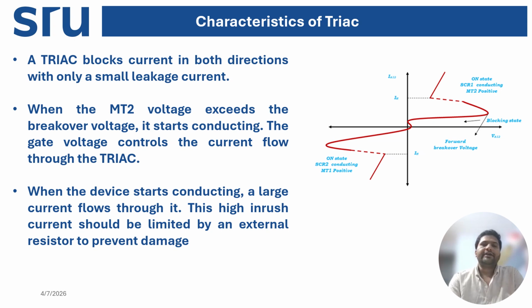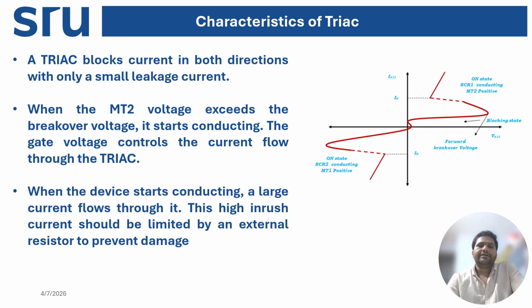So role of the gate control: the TRIAC turns on by applying a small gate pulse voltage, we can trigger conduction at a desired point in the AC cycle. This is why TRIAC is widely used in AC power control applications.